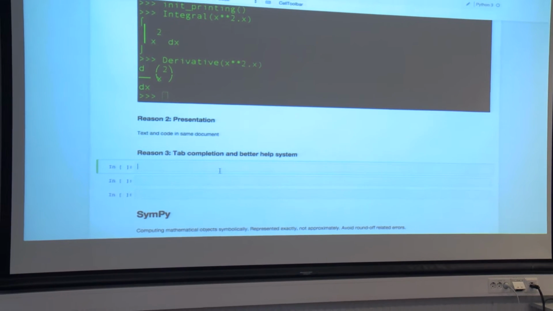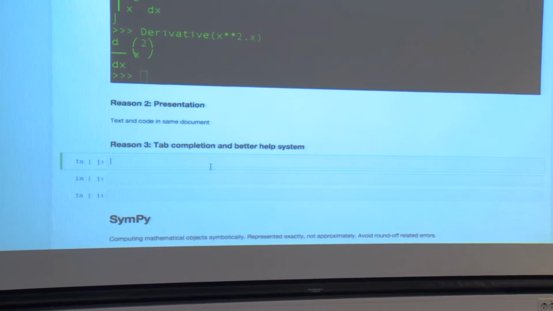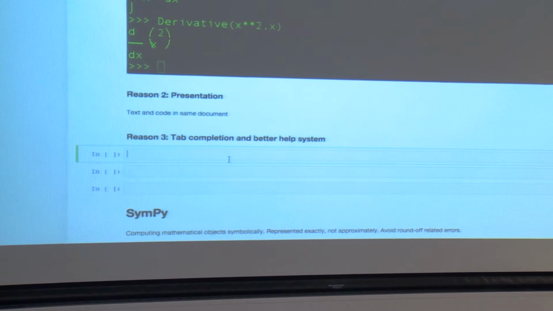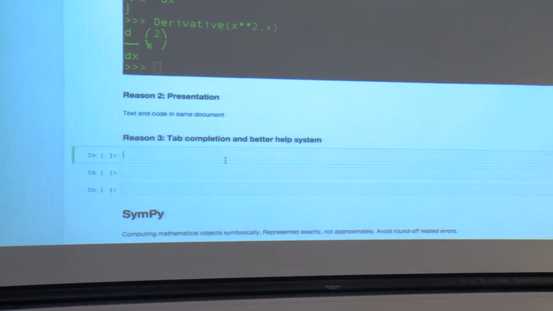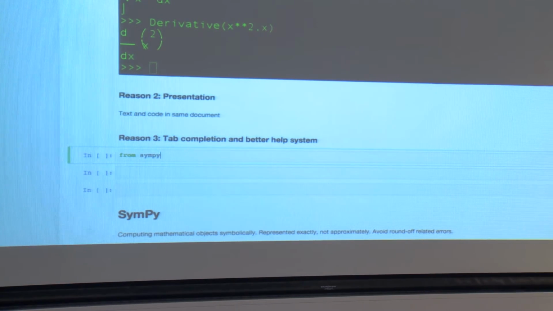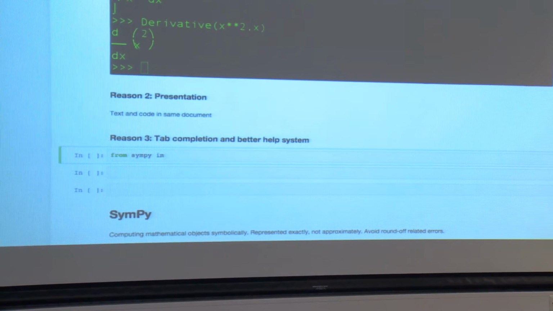I'm sure that some of the IDEs also have a good help system, which is a lot of the reason why people use them instead of just using their terminal. So tab completion basically means that, let's say I want to use a function or a tool from SymPy.